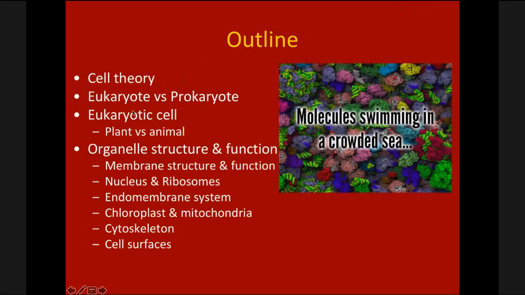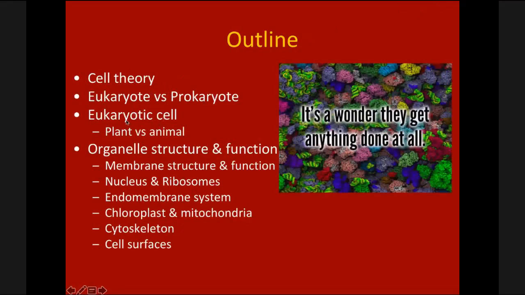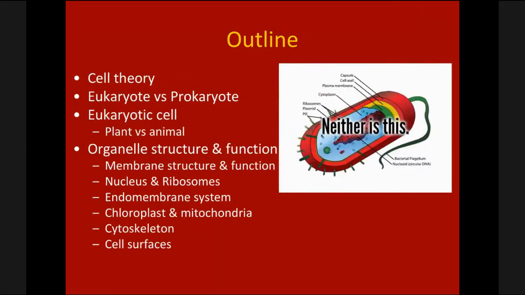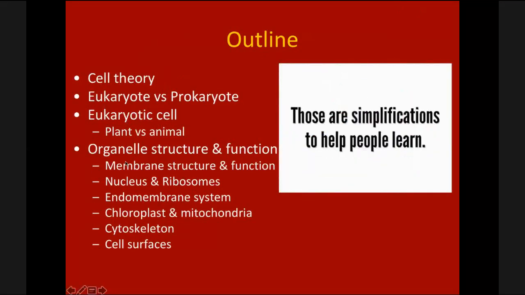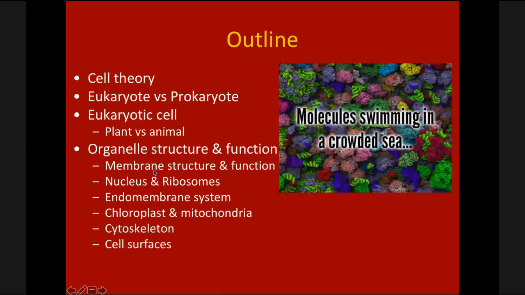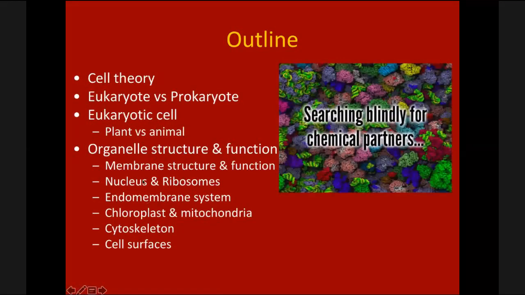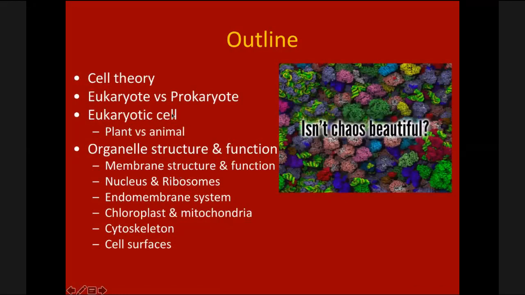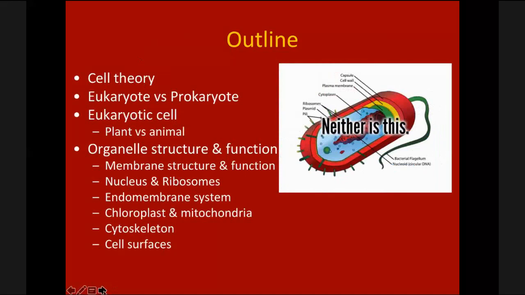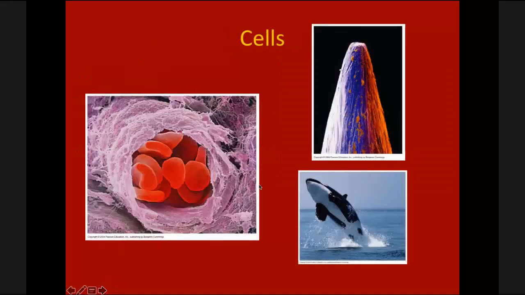We're going to spend a lot of time talking about eukaryotic cells because that's what we're made out of, right? I'll do a little comparison between plant and animal cells, and we'll talk about cellular structure, the major organelles or operational units inside of a cell. So this we'll do next week. I just want to see how much we can get through today in our last 10 minutes.